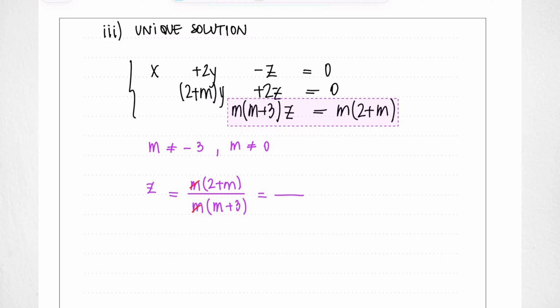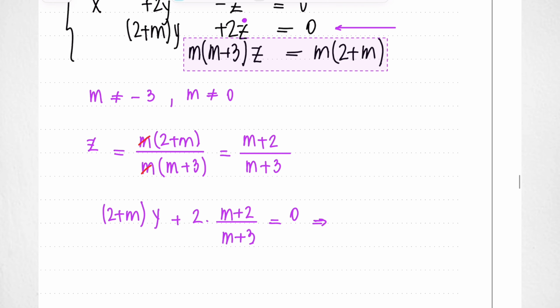It is not equal to 0, so we have z equals m plus 2 over m plus 3, which means if you replace that here into the second equation, we have 2 plus m times y plus 2 times m plus 2 over m plus 3 equals 0, which means that y is equal to negative 2 over m plus 3.